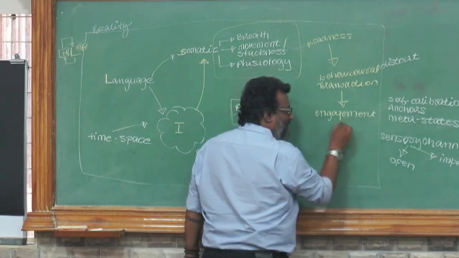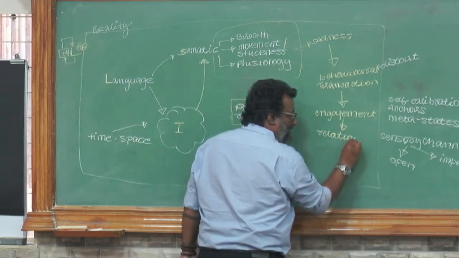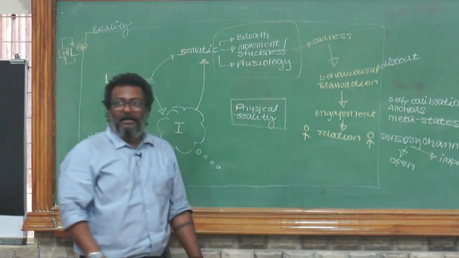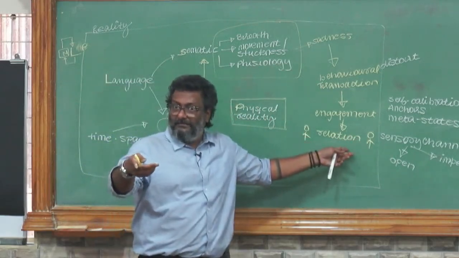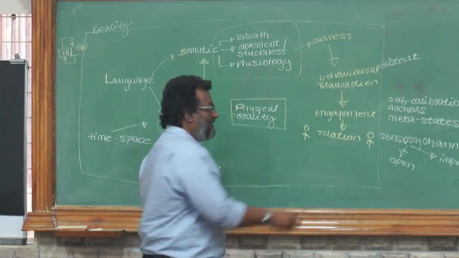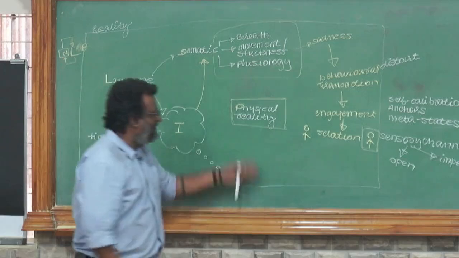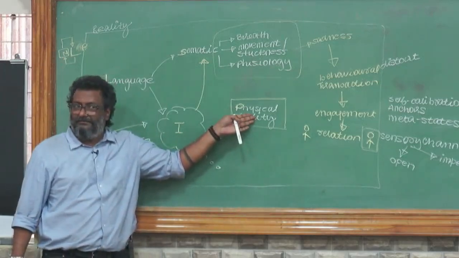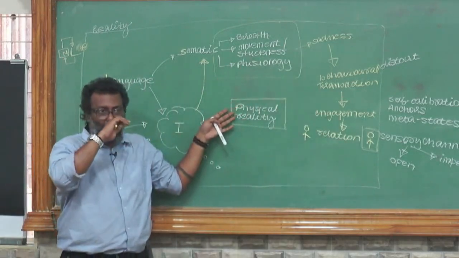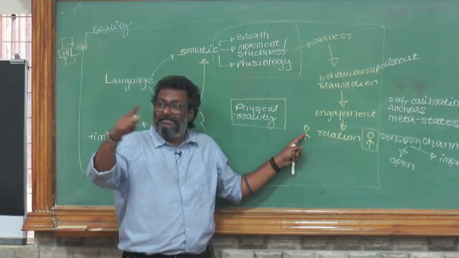And that engagement becomes a relation, between this person and this person. And that is conflict. That is confrontation. That is resistance. Whether or not this person is existing or not. It's like saying whether or not auntie exists. Okay? This is the micro, this is the macro. Whether or not this person exists, my experience is the same.